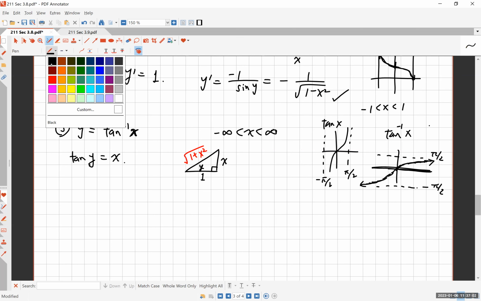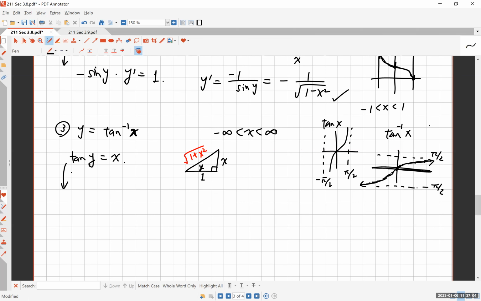All right, let's take the derivative of each part using implicit differentiation. Tangent becomes secant squared. And is that it? No, coach, you're screaming, yeah, there should be y prime. Yes, you're right. There should be a y prime, and there it is. If you differentiate x, you don't get x, you just get 1, all right? And so y prime is 1 over secant squared of y.